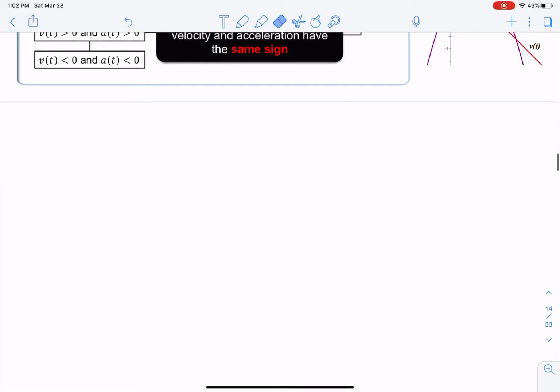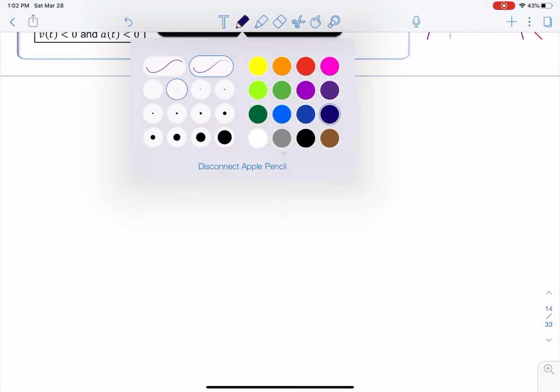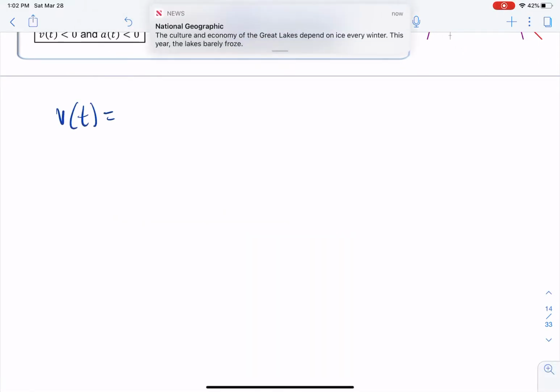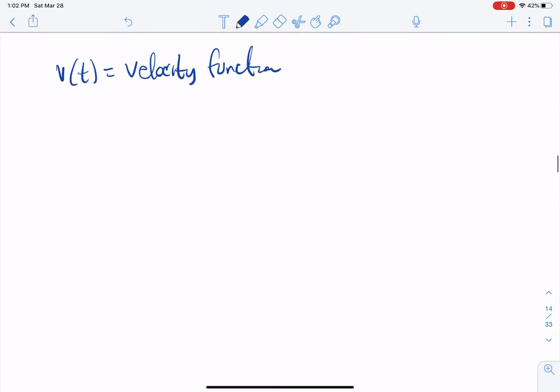value function. So let's say that we have a function which we will define as our velocity function, v of t. Okay, and then I have to take its absolute value in order to find the speed function. That's a of t, that's the speed function.